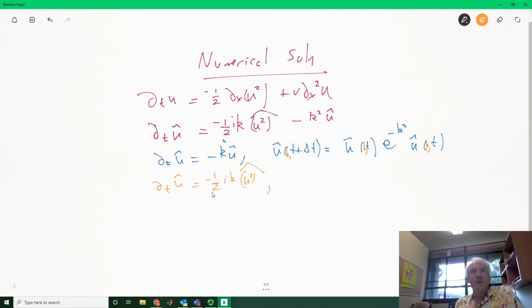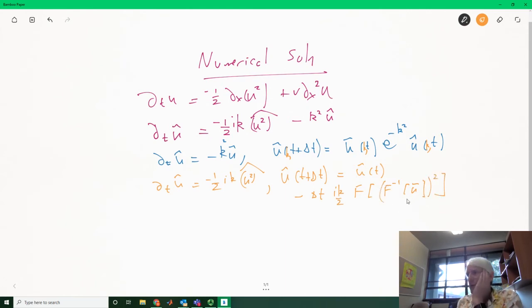So u hat at t plus delta t is equal to u hat of t, minus delta t times ik over 2 times the Fourier transform of the inverse Fourier transform of u hat, squared.